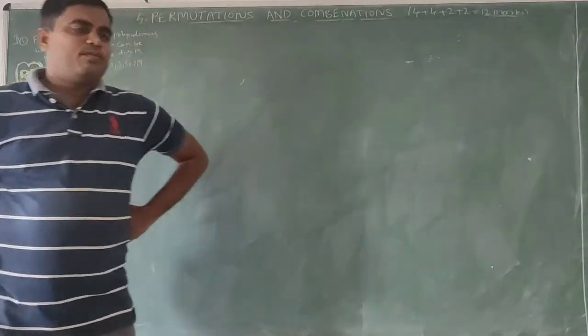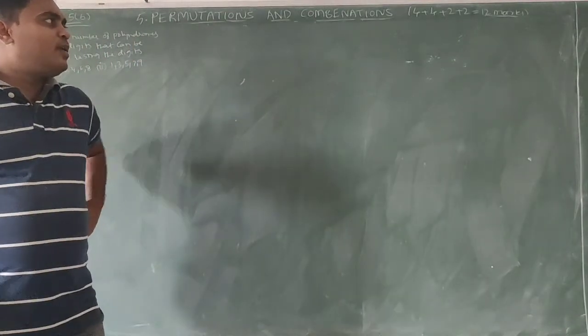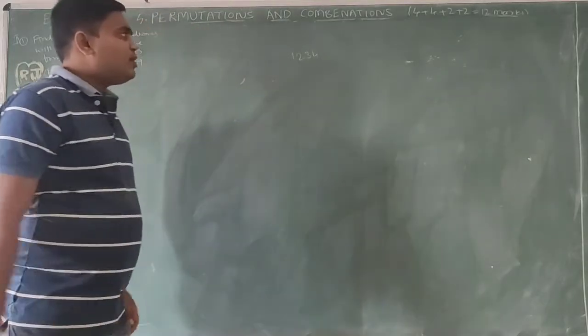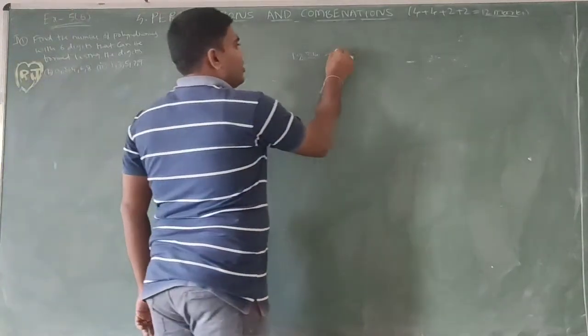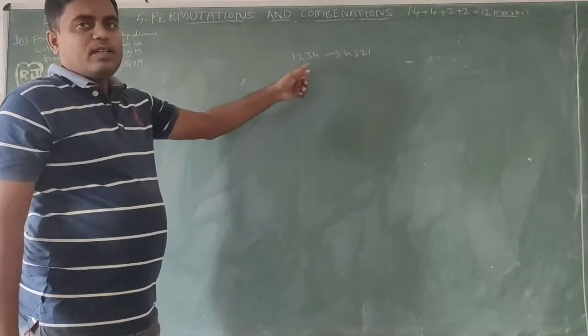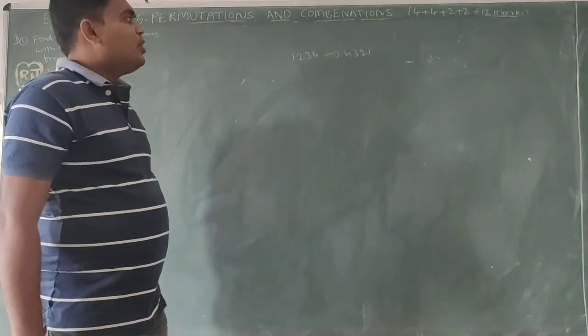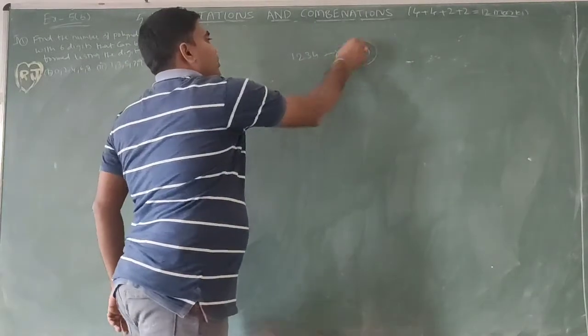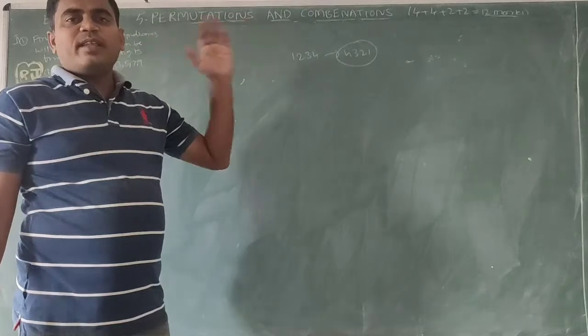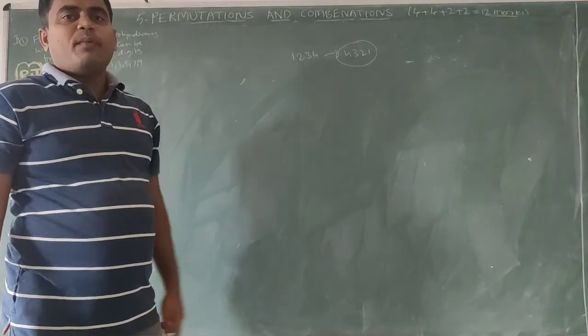Actually, what is a palindrome? First, we will discuss palindromes. 1, 2, 3, 4 is a number. If we reverse this one, we will get 4, 3, 2, 1, so this is not a palindrome number. Palindrome means if we reverse the digits and we still get the same number, then it is called a palindrome number.